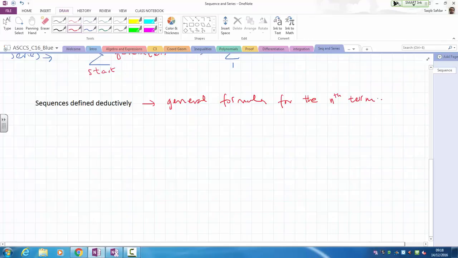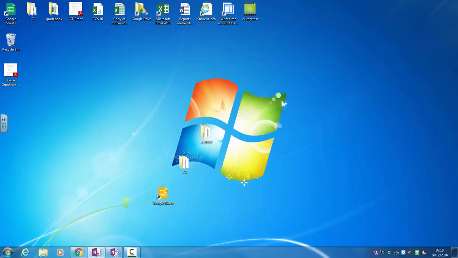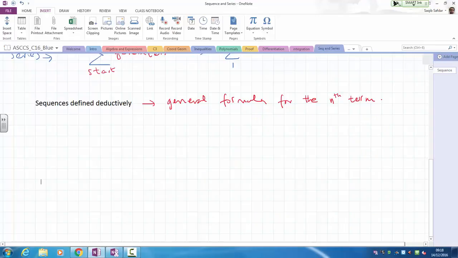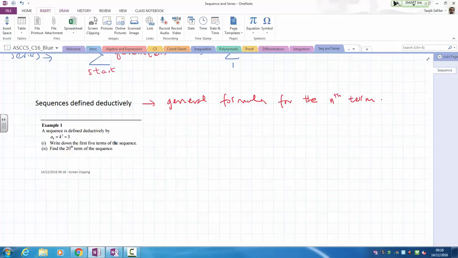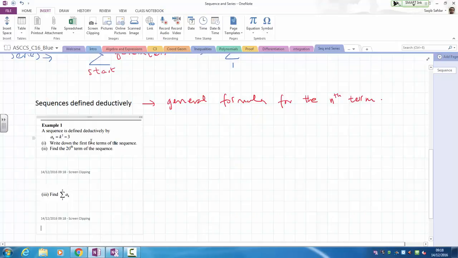In other words, I can work out any term. I can work out the 100th term. If you tell me to work out the 100th term, I can work it out. An example is something like this. Let me just copy this down. And let's also put in this part here. So an example would be something like this.